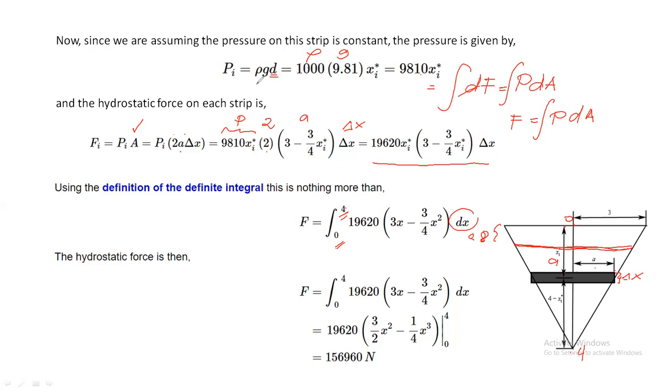You get it? Your 9,810, this one, times 2. It has a multiplier of 2 because based on our formula, you have pressure times twice of A. So this is your 2 and this is your A. And this is your delta X. I hope that answers your question. Okay?